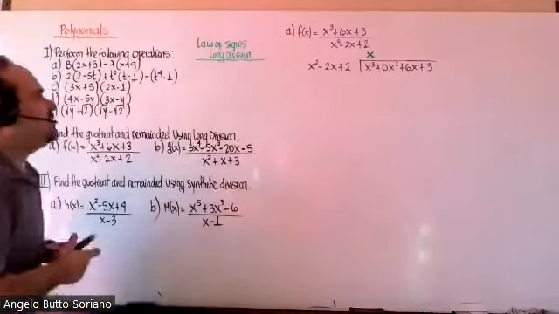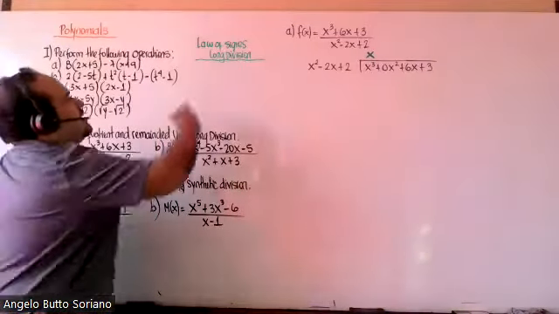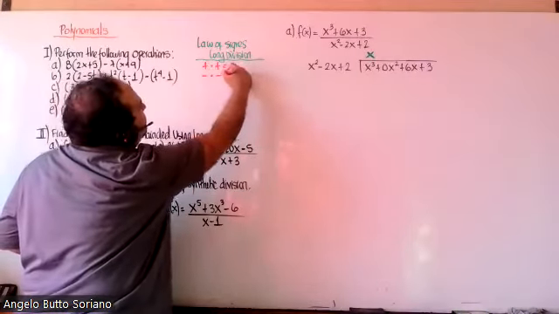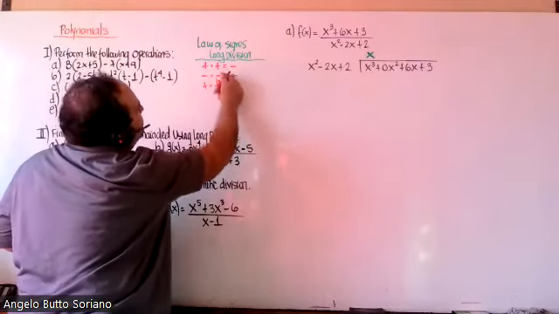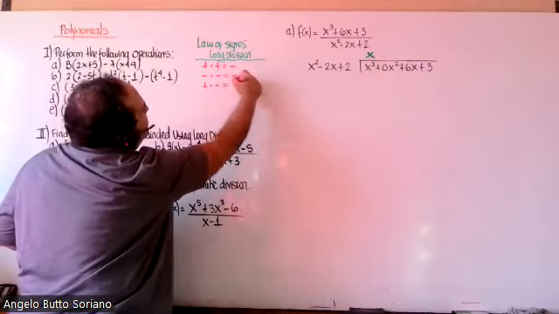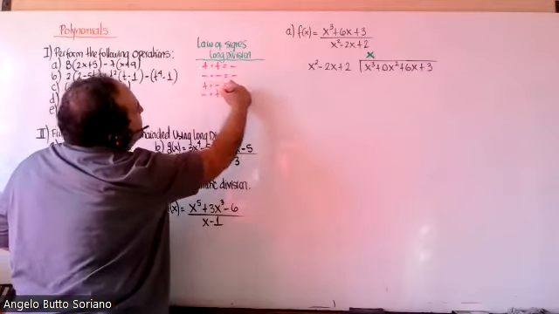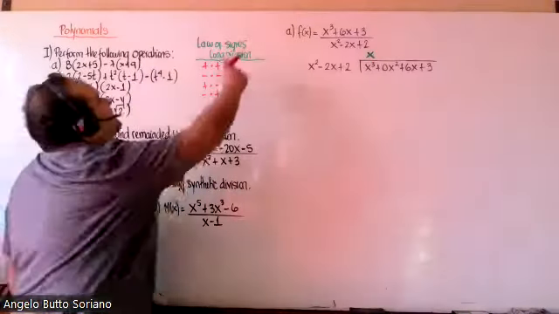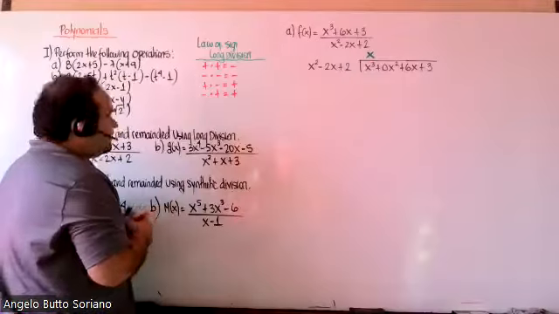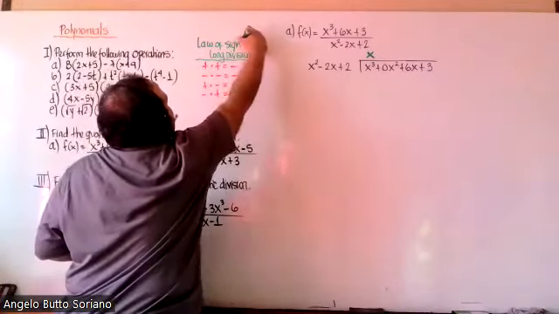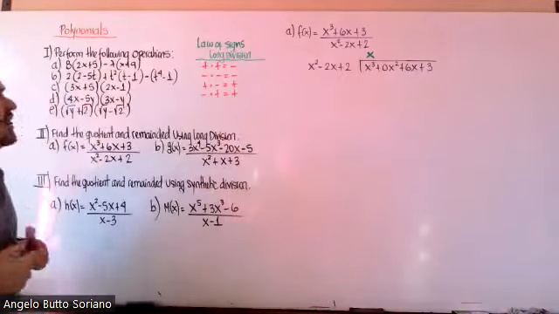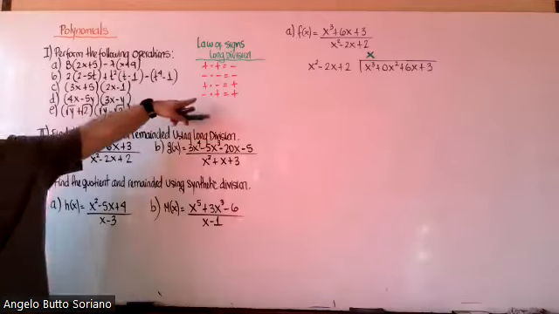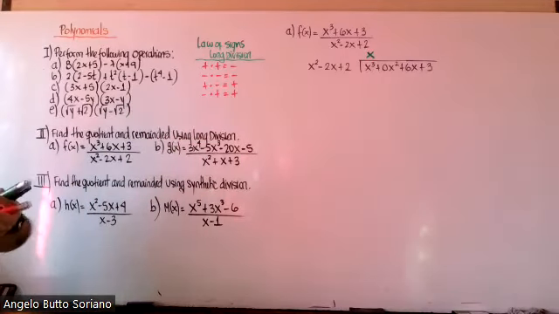How's that? Positive times positive will be negative. Negative times negative will be negative. Positive times negative will be positive, and negative times positive will be positive. That is a different order than the regular signs that we know in algebra. Why? Because we are multiplying by an imaginary negative number, and for that reason we are changing this law of signs in the long division.